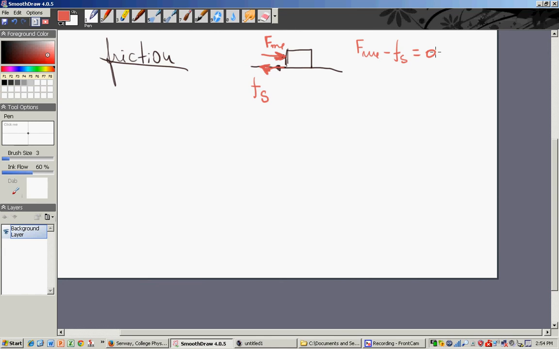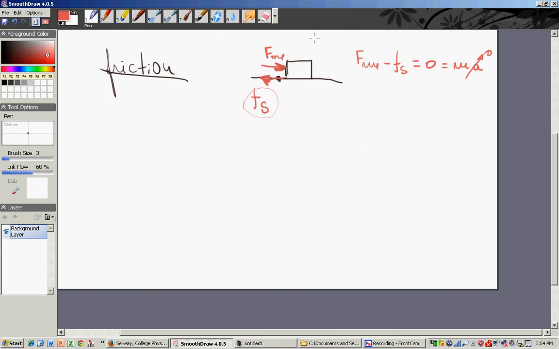So as a result, when you add those two vectors, F me minus Fs, you have a zero resultant, meaning your block has a zero acceleration. The block doesn't move, it stays where it is.